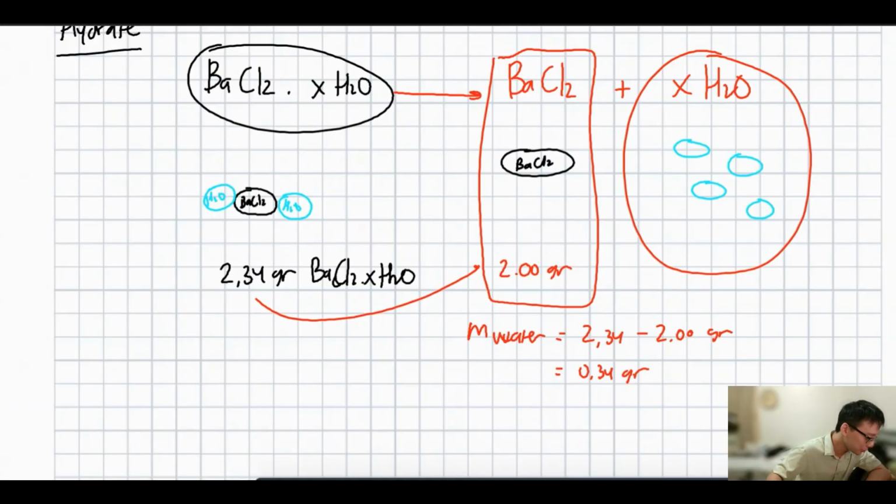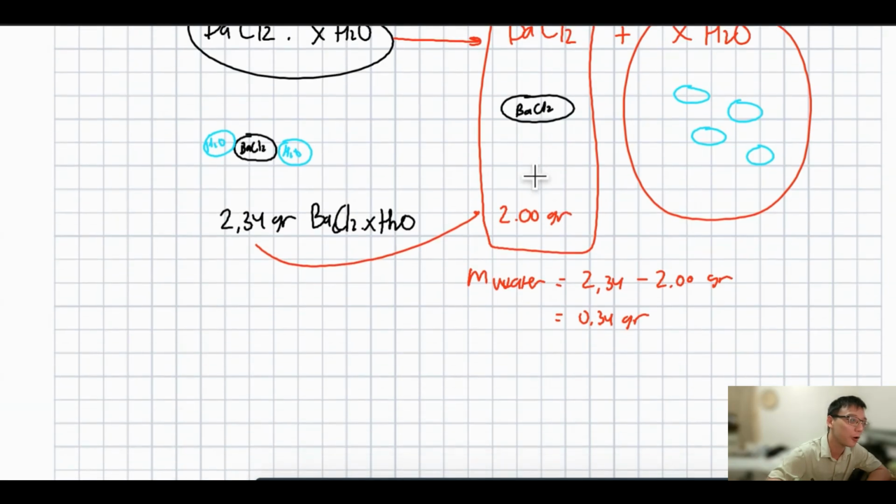Okay, so with this in mind, let's calculate the mole. In order to find the number of water molecules in the hydrate, we have to calculate the moles. For BaCl2, the mole will be equal to the mass of BaCl2 divided by the Mr of BaCl2.